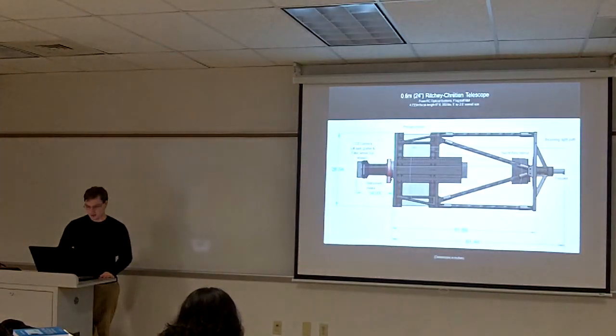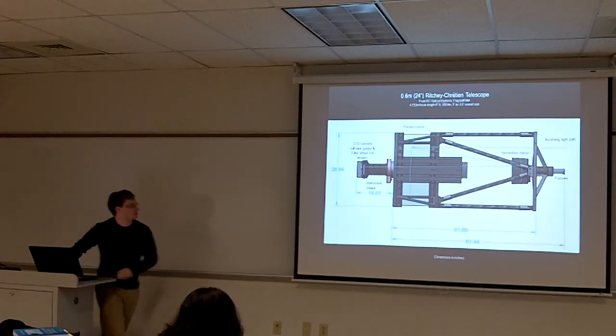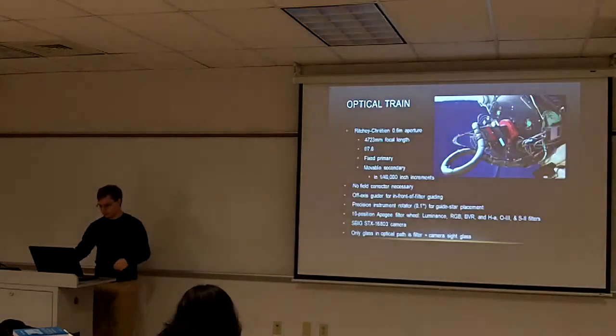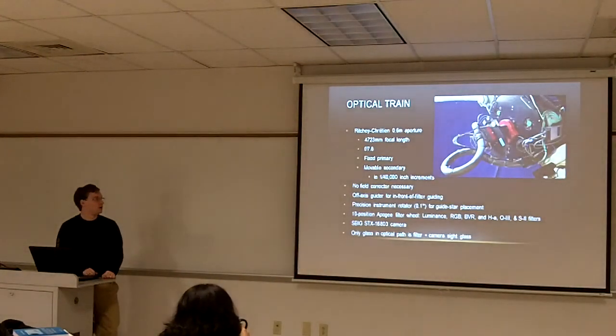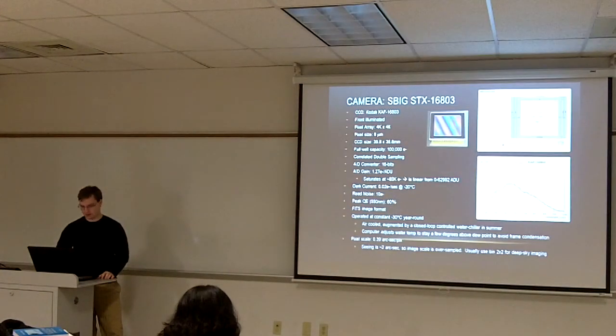This is the observatory in my backyard. It's a 0.6 meter telescope. I think we're all familiar with that. What's not shown here is the filter wheel, which would be right here. So the optical train: 4,723 millimeter focal length, fixed primary and movable secondary, and I also have an SBIG camera.